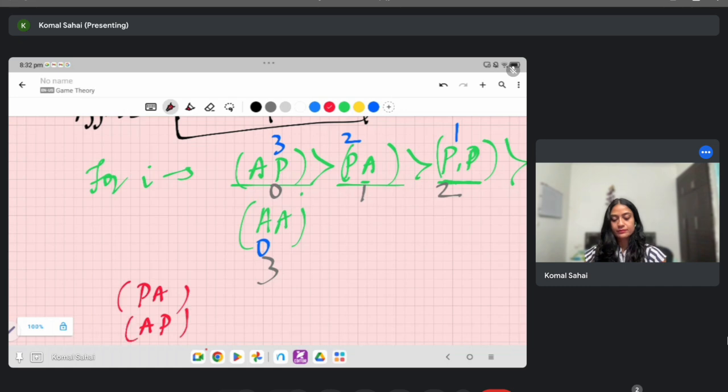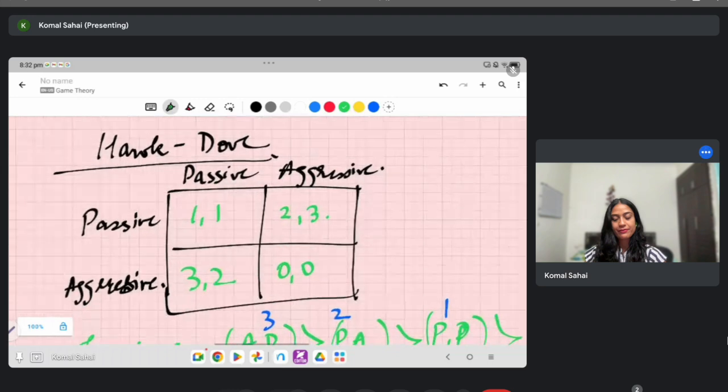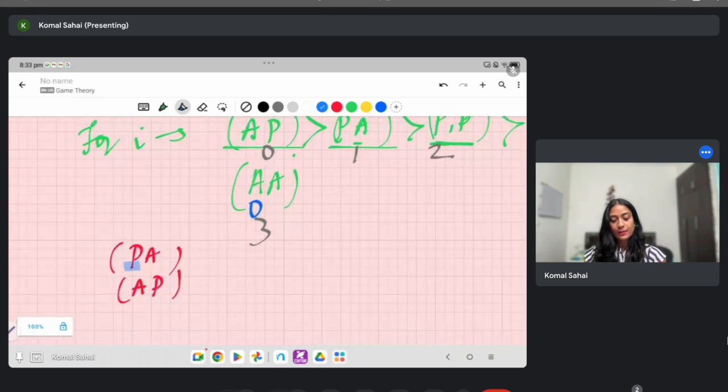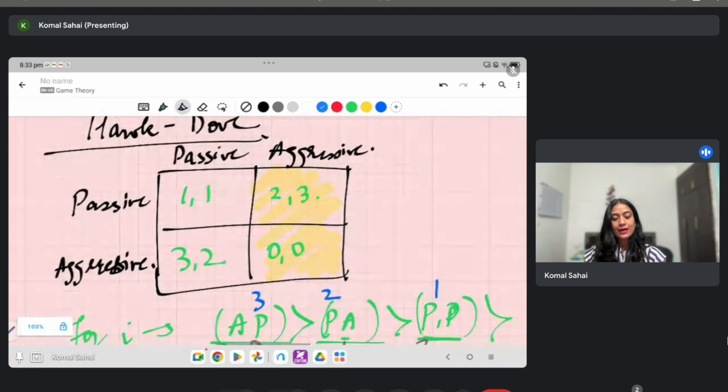If player 2 is going to be aggressive, then player 1, if she sticks to being passive, the outcome is 2, and if instead she goes aggressive, the payoff is 0. So player 1 will not deviate.